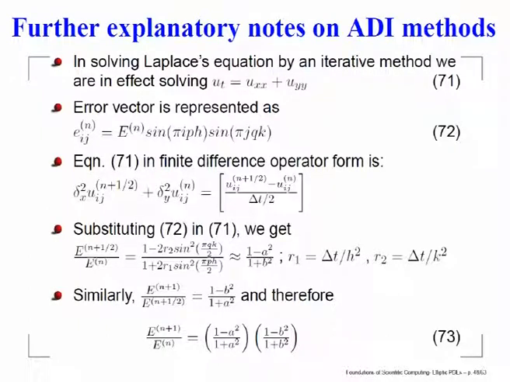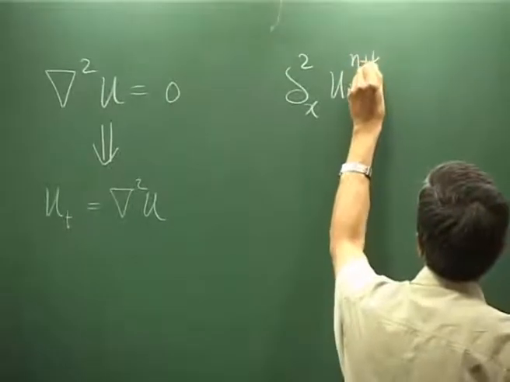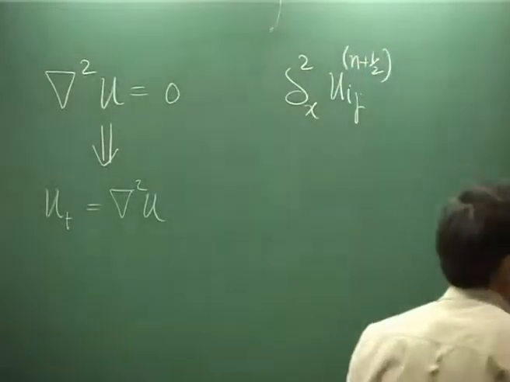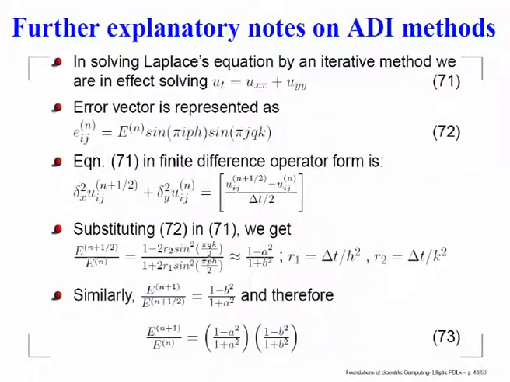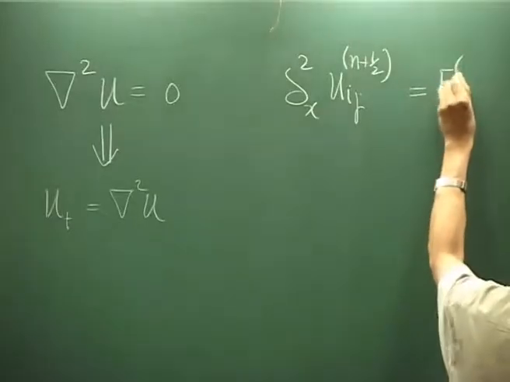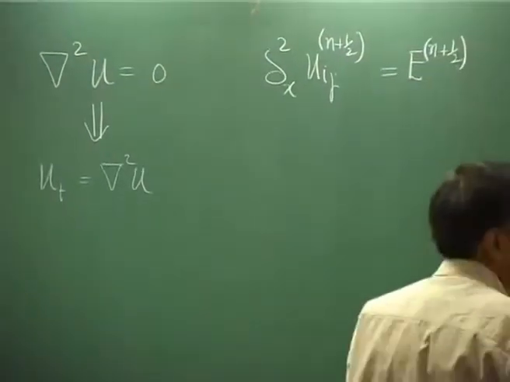Okay. So, basically if you do that, what you are going to get, for example, if I write this down, that would be as given by 72, I would write it as E superscript n plus half, that is the amplitude.